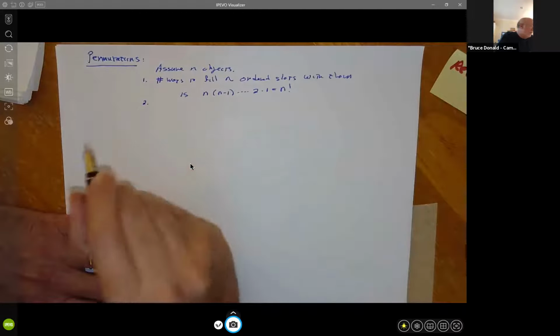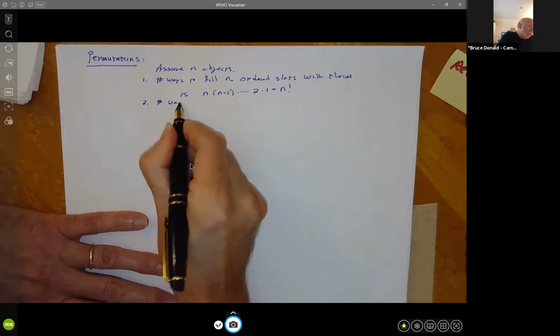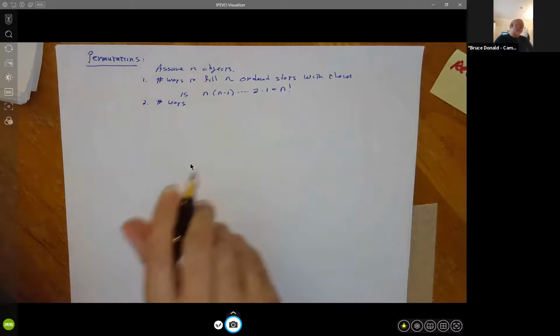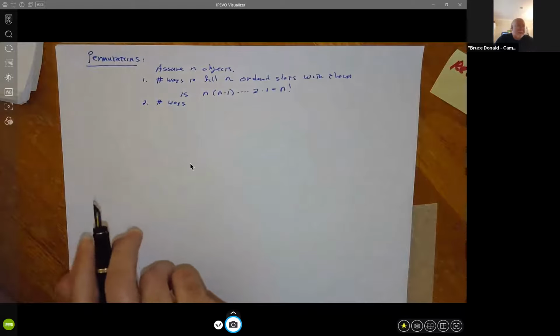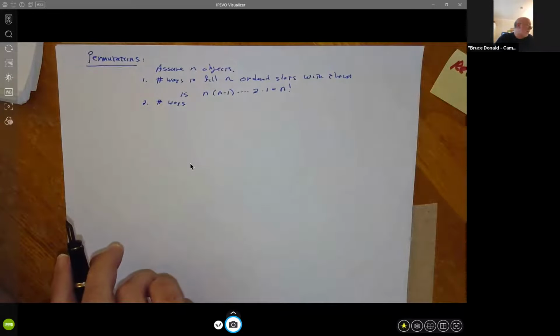Formula 2 is the number of ways. So now we want to consider, what if we wanted to fill a smaller number of slots, but we still have at our disposal n objects we can put in them.